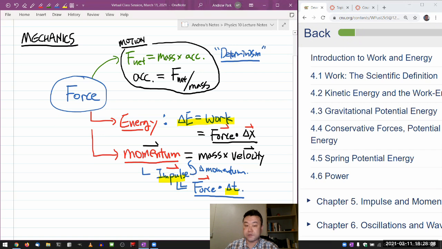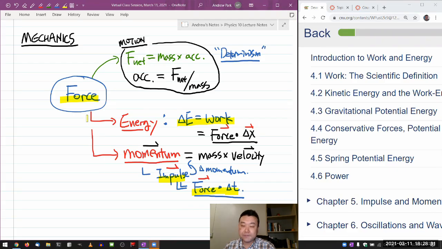I'm highlighting both the similarity between impulse and work and the difference between them. And what I want to highlight again is how all of this ties back to force. So far, what we've been doing is the study of force.